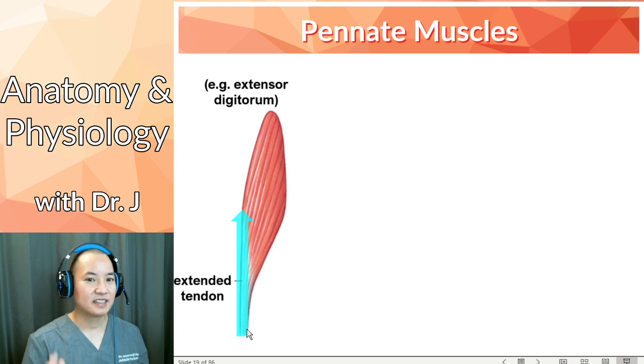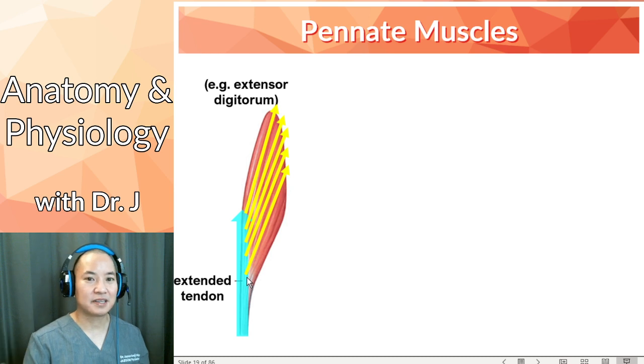Again, the tendon is that very dense, very strong connective tissue that contains a lot of collagen. Now, what about the fascicles? Do they run parallel to this? What we see with a pennate muscle is that the fascicles are at an angle.